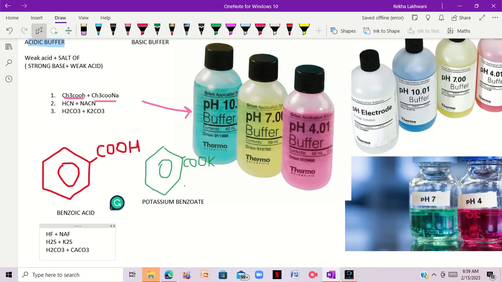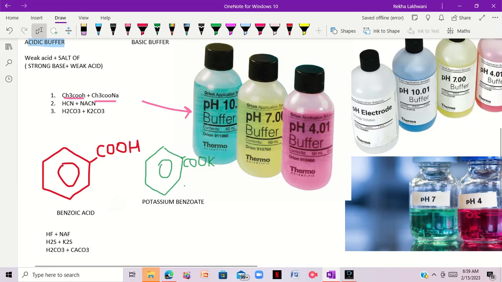So these are each a weak acid and a salt of a strong base: acetic acid plus sodium acetate, hydrogen cyanide plus sodium cyanide, carbonic acid and potassium carbonate, benzoic acid and potassium benzoate, hydrogen fluoride and sodium fluoride, hydrogen sulfide and potassium sulfide, carbonic acid and calcium carbonate.